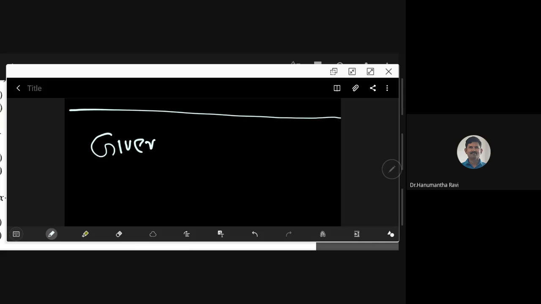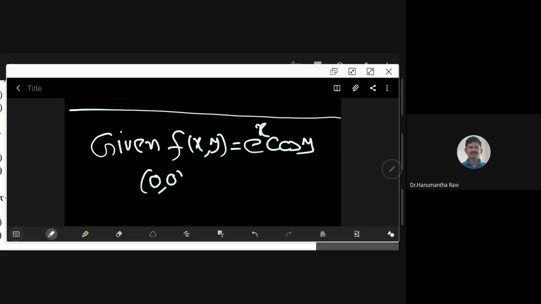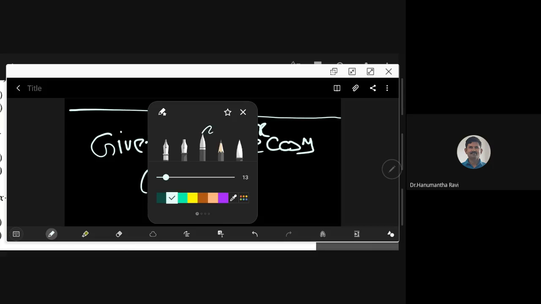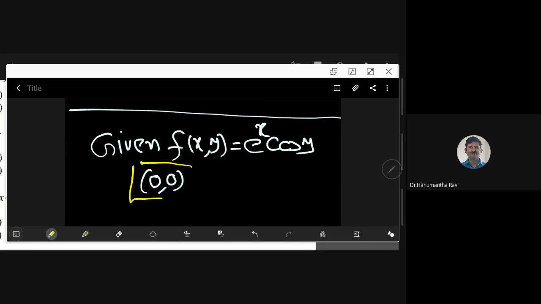Given f of xy is equal to e power x cos y, and the point given is 0 0. Whenever you have 0 0, it is a Maclaurin series. It is understood. So our f of xy is this. We need to find the Maclaurin series.